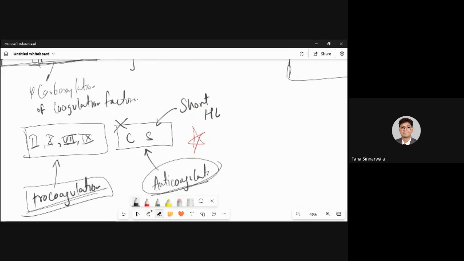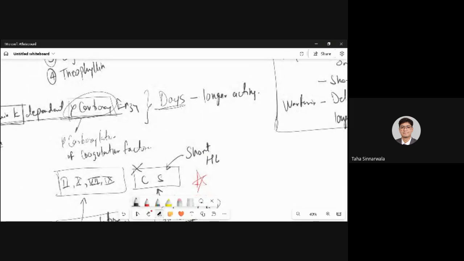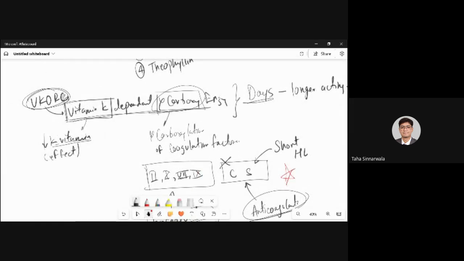Before that, we'll just quickly recap everything that we've done. We said that warfarin has a low therapeutic index. The way warfarin works is that it inhibits a certain enzyme called VCOR, which is vitamin K dependent gamma carboxylase.